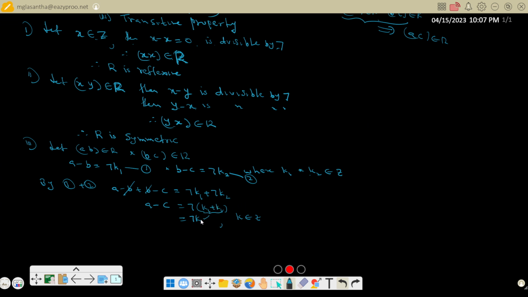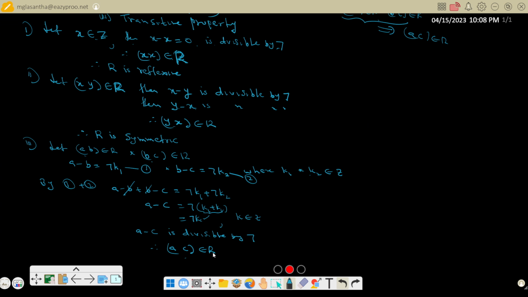So k belongs to the integers. This means a minus c is divisible by 7. That means (a, c) belongs to R. When (a, b) belongs to R and (b, c) belongs to R, then you can prove that (a, c) belongs to R.